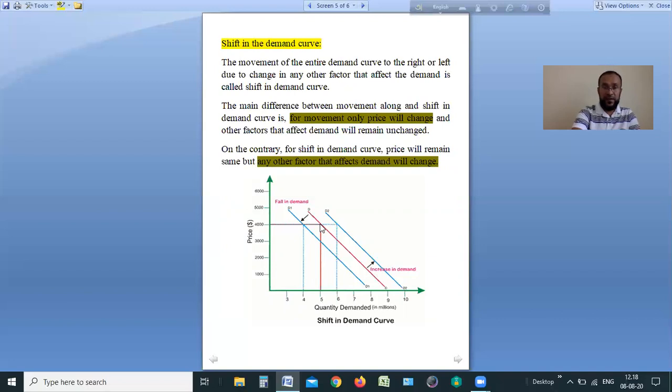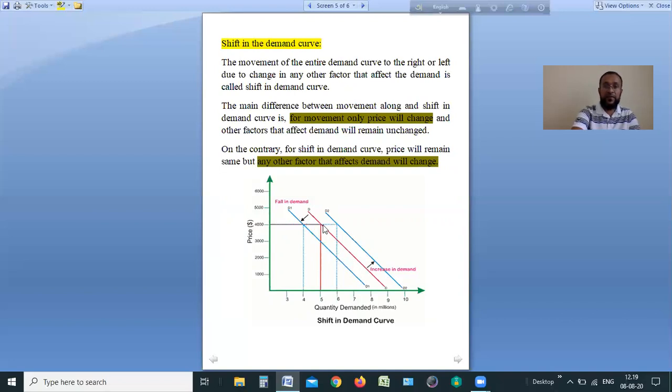So here, since price is same, any other factor that affects demand, for example, income of the people, falls. Income is another factor that affects the demand. If income falls at the same price, people will buy less. So quantity demanded will fall at the same price. Before it was 5 million quantity, now at the same price, since income fell, quantity is 4 million. So the entire demand curve shifted to the left from DD to D1 D1. Okay, so this is called the leftward shift of demand curve.